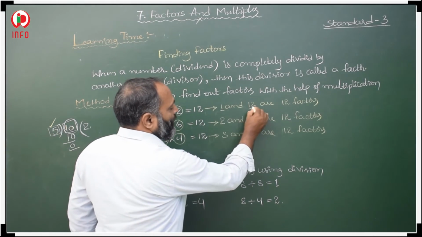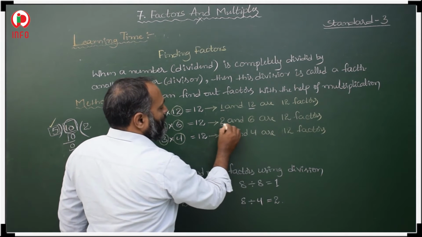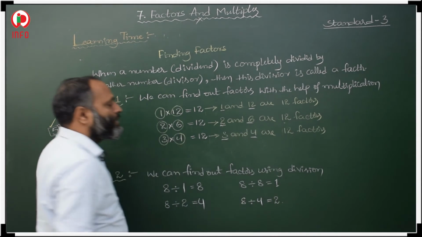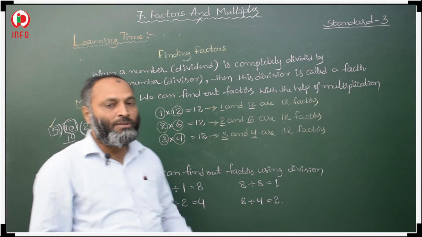Here 1 and 12 are 12 factors, 2 and 6 are 12 factors, 3 and 4 are 12 factors. All these 6 are 12 factors.